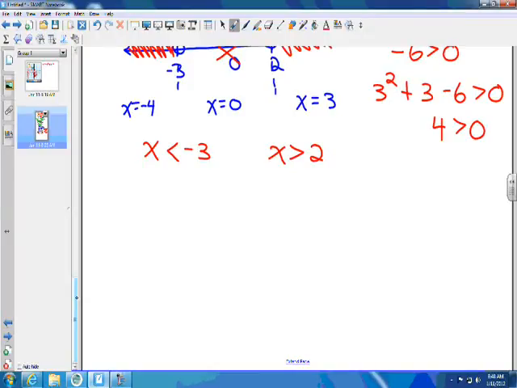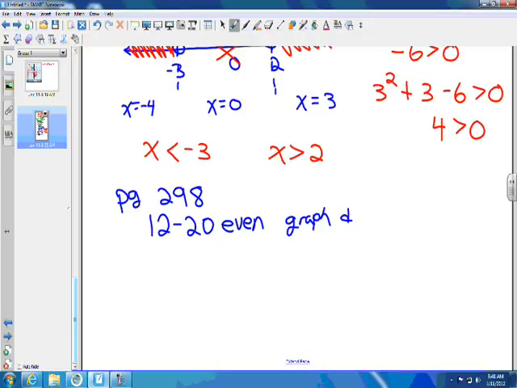So over on 298, we'll do 11 through 16. Actually, let's do 12 through 20 even. Those are the graphing and shading. That's the first thing we did.